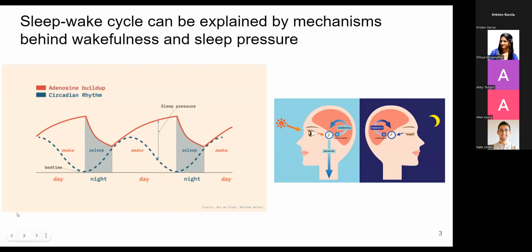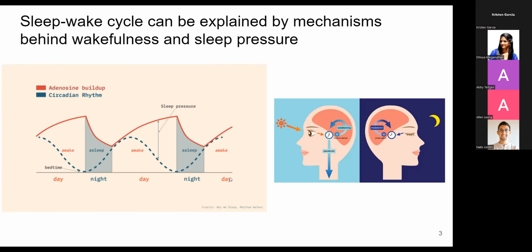We also have process C, which is basically a measure of the circadian rhythm profile throughout the day of most organisms, which is more commonly traced using melatonin, but that's a little bit too specific. Simply put, the sleep-wake cycle is governed by this accumulation of adenosine during the day and decrease of adenosine during nighttime, when you sleep.